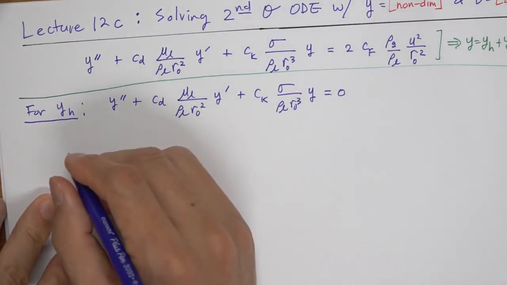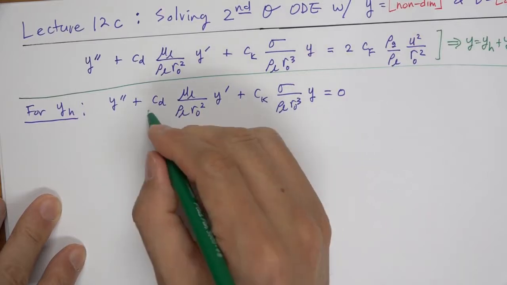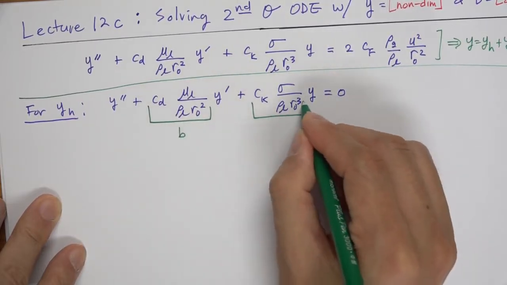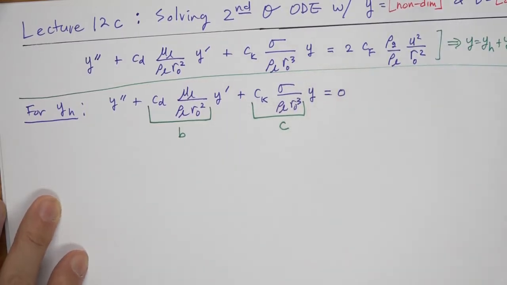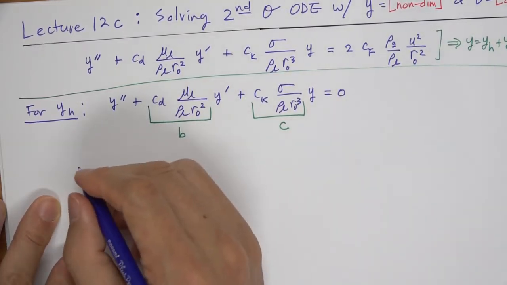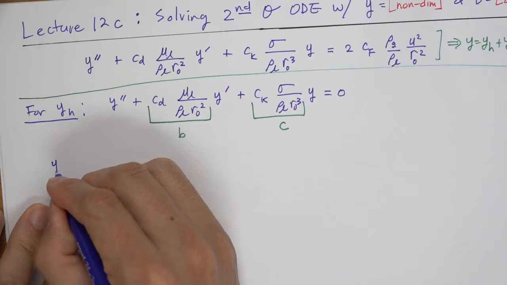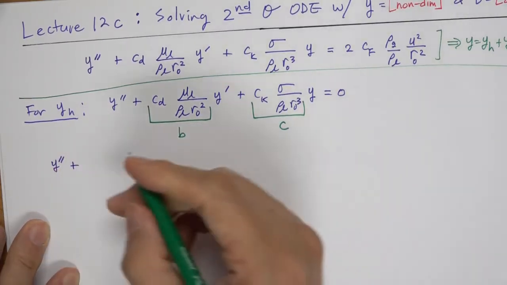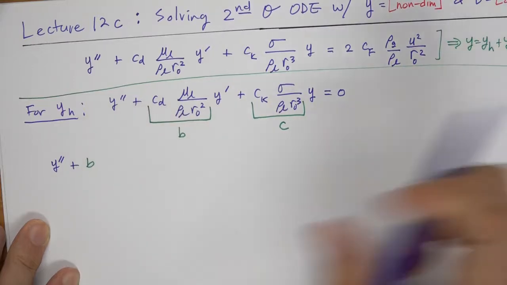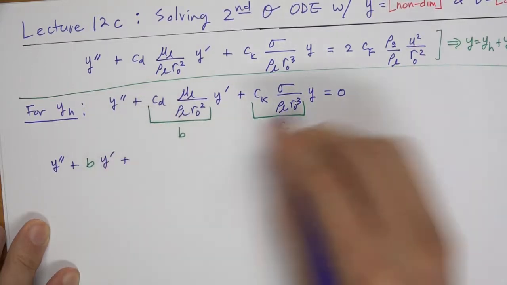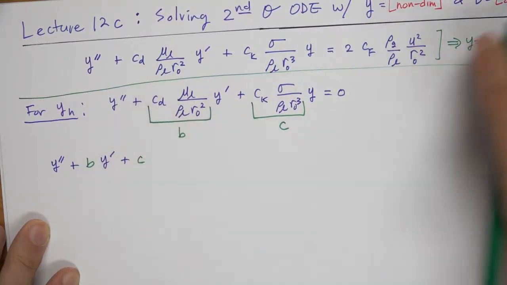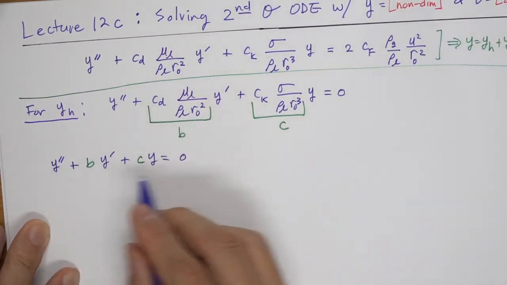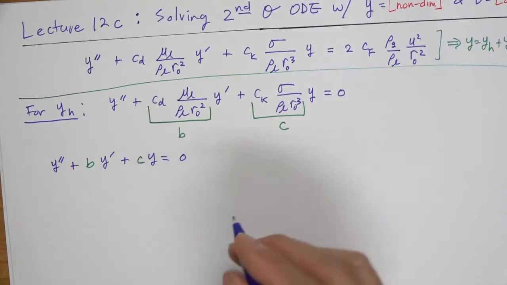Now, I will say that this is equal to B, and let's say this is equal to C. Then my governing equation looks like y double prime plus B y prime plus C y equal to 0. Does it look pretty easy? Yes.